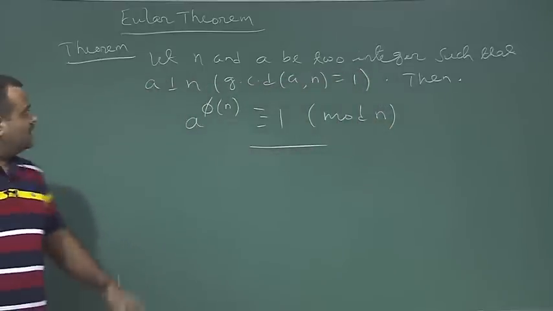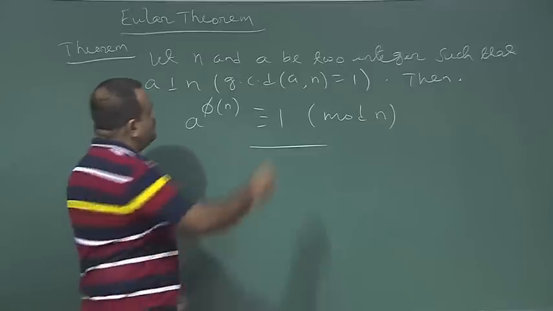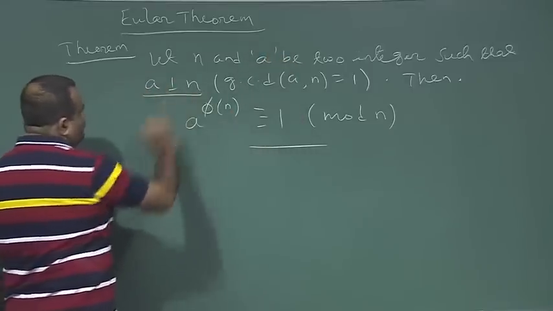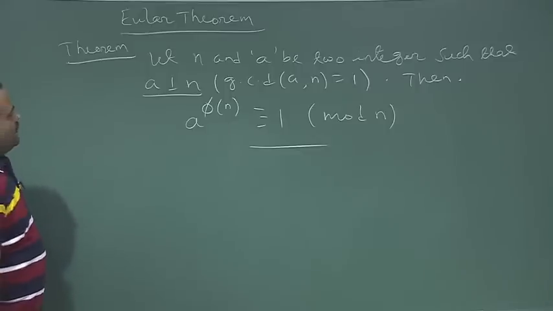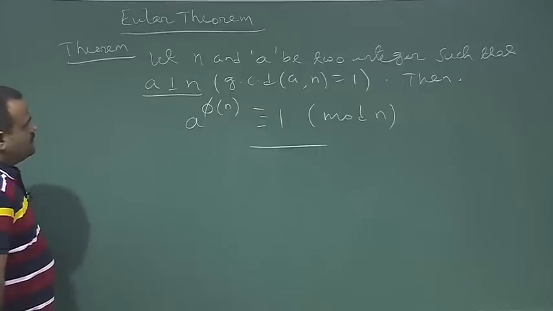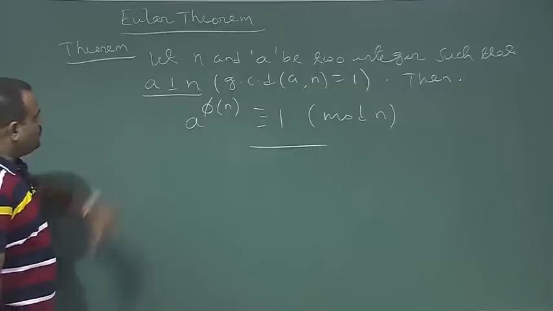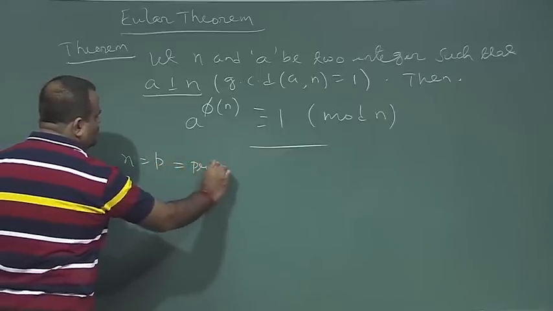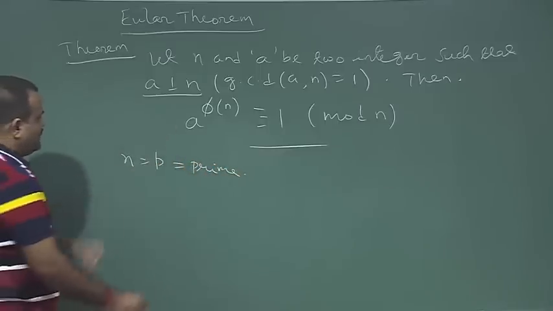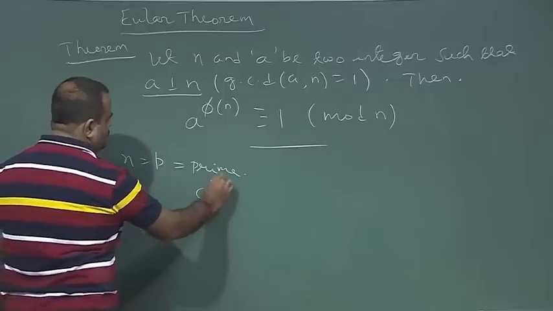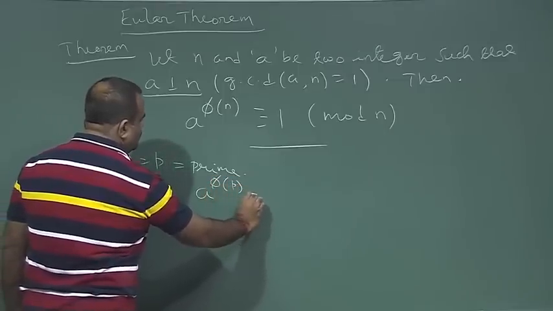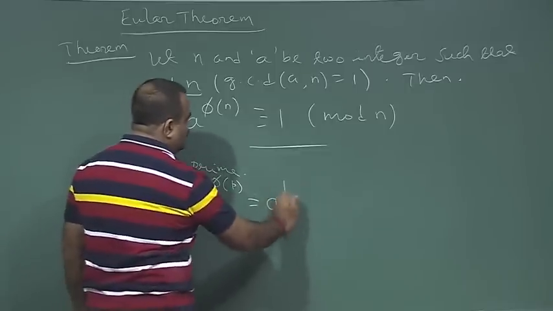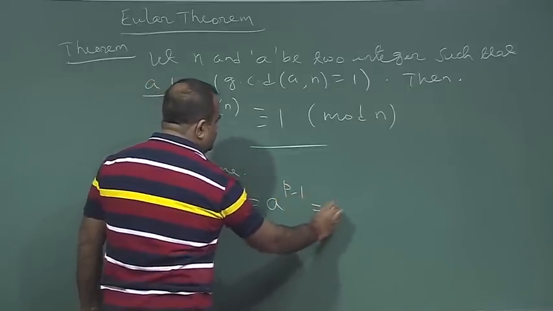So, we take an integer n and an integer a such that they are relatively prime, then GCD of this is 1. If n is a prime p, then a to the power phi(p) is, with phi(p) being p minus 1, basically 1.